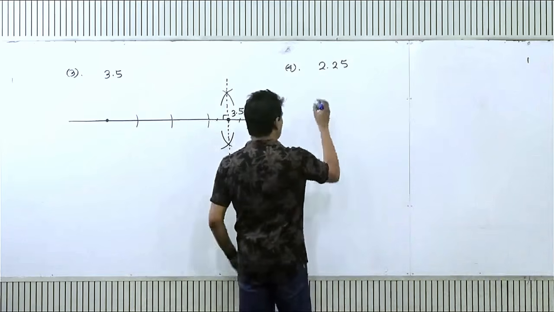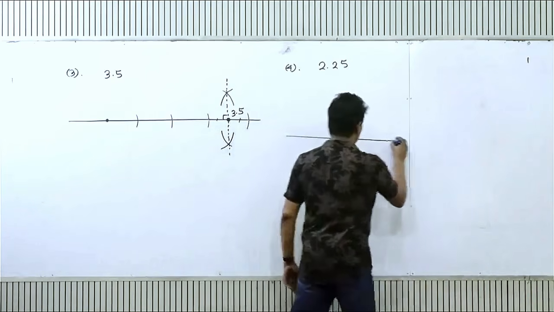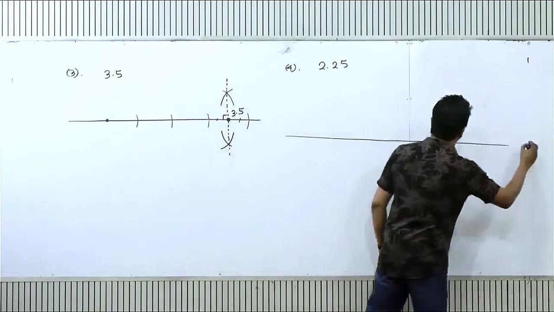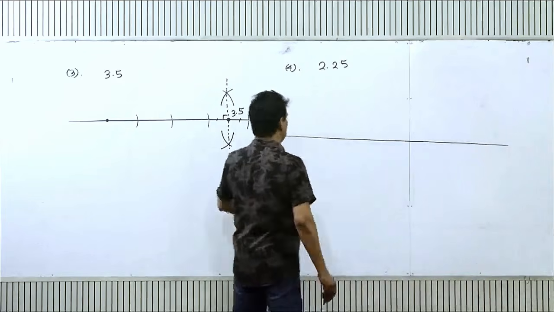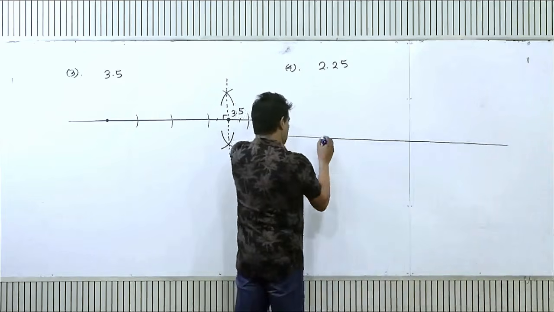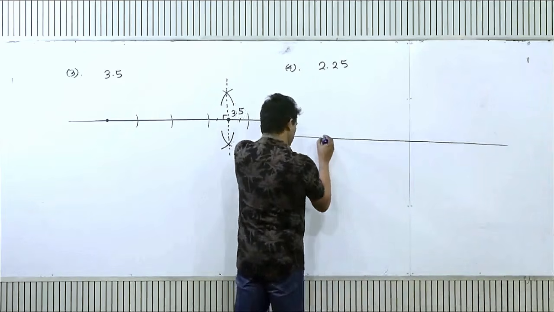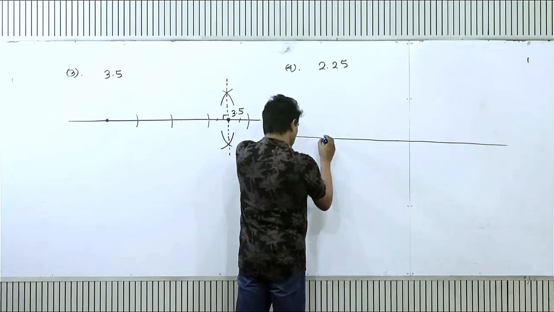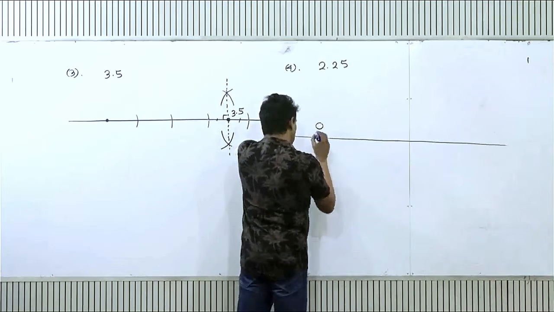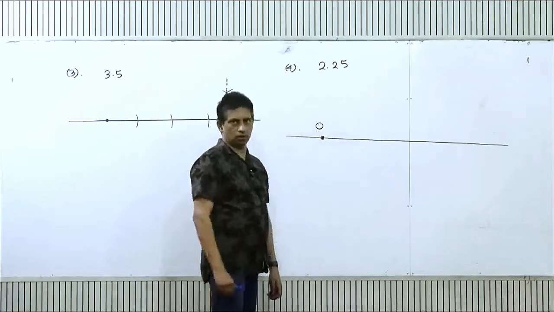Now you have to mark 2.25. In this case, you have to draw a straight line and mark a point and draw a small circle around that point, and we mark 0 near it.